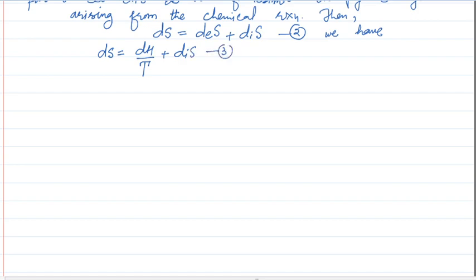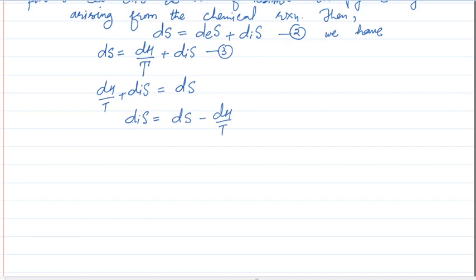This is equation 3. This equation can also be rearranged. We can write dS_I is equal to dS minus dH upon T.